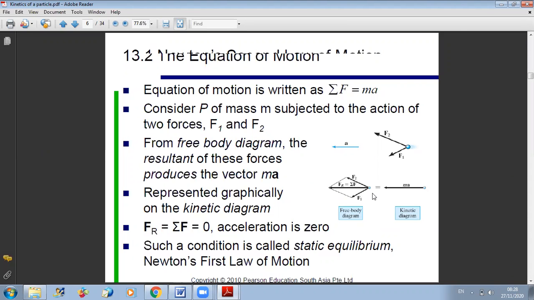Okay, so this is the free body diagram. And the kinetic diagram represents vector ma. So it represents the resultant of the forces because we know that ma is equal to the sum of external forces. Okay. Now, in case the sum of forces is zero, then the kinetic diagram will be reduced to a point, and we go back to the static equilibrium. Okay.